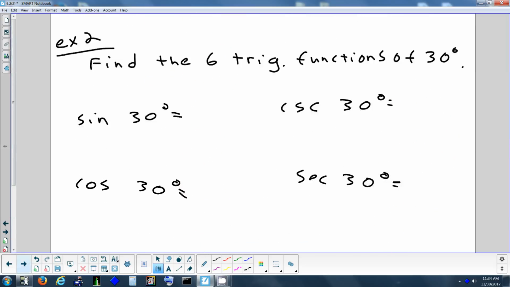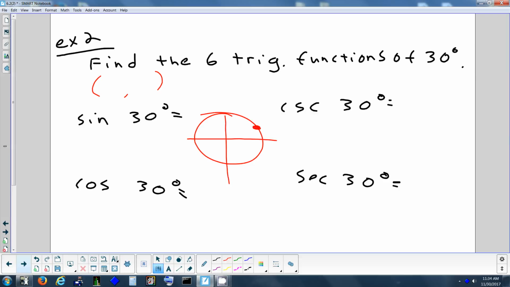Let's look at 30. Okay, again, they're telling me the angle. First thing I need to figure out is the coordinate. Now, with the 30 and the 60, I know it's a half and a root 3 over 2, but I don't remember which way. Is it 1/2, root 3 over 2? And if you forget which way it is, just make a sketch.